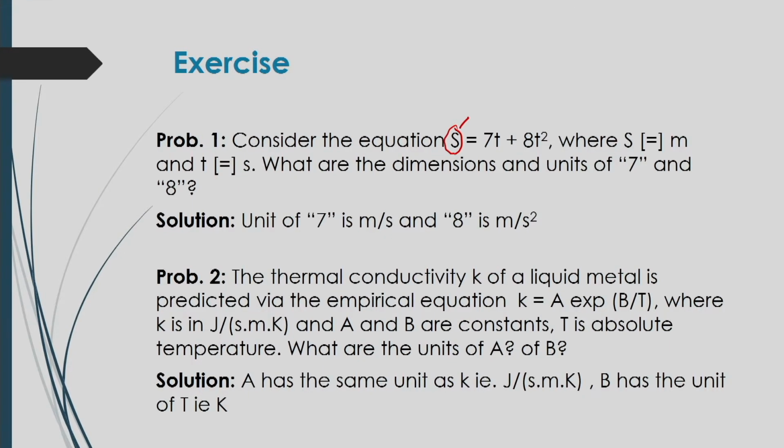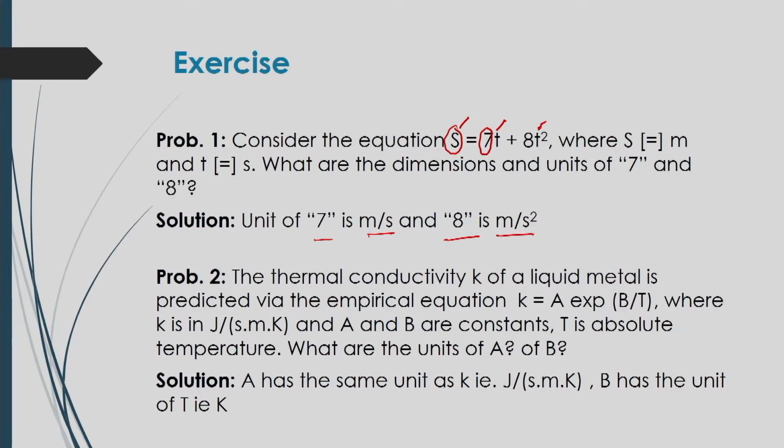What is the unit for s, what is the unit for t, what is the unit for t square? Accordingly the other coefficients will have the dimensions to make it consistent. In that case the unit of 7 will be meter per second and the unit for number 8 should be meter per second square. Similarly, in dimensional terms, the dimensions of 7 will be L by T and the dimensions of 8 will be L by T square.